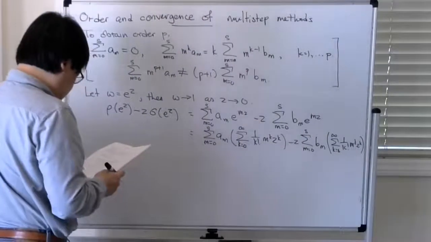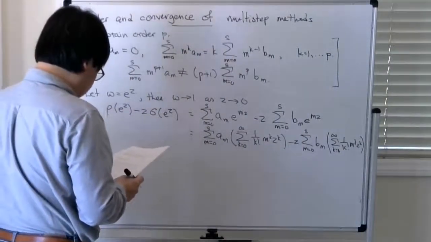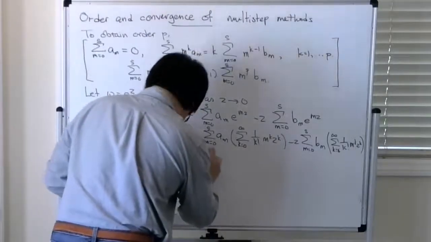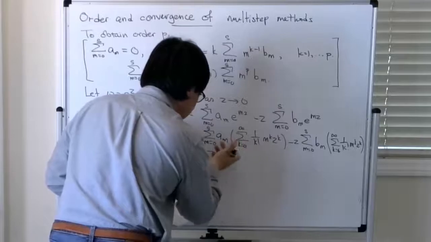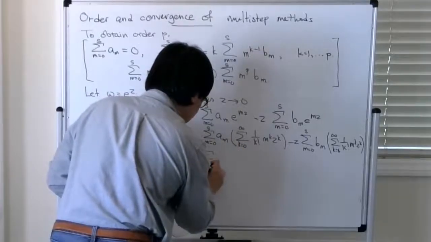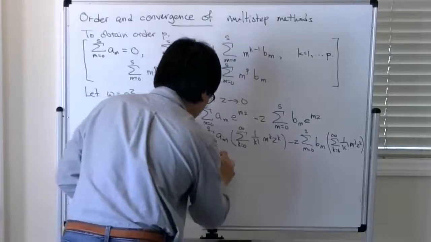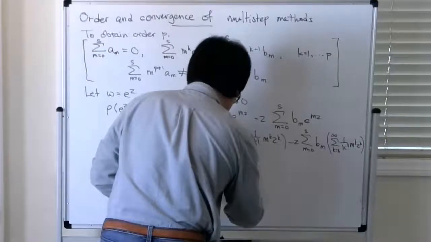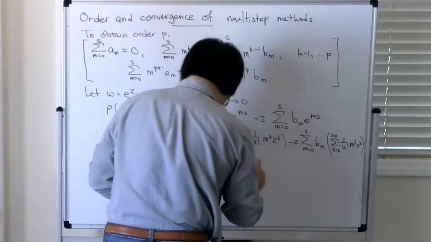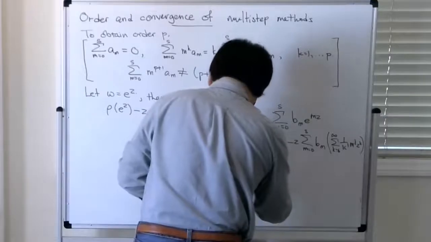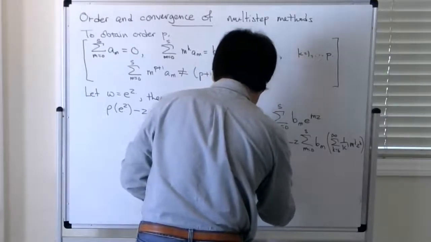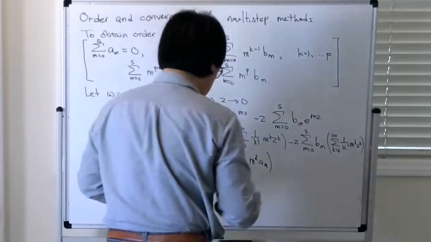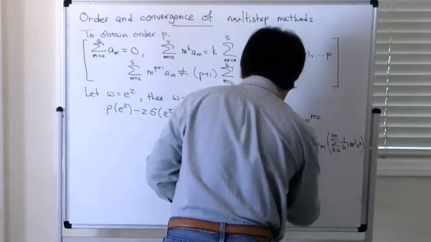All right. So now I can reorder those sums slightly. I'm going to switch the order of the summation. So the sum from k equals 0 to infinity of 1 over k factorial, multiplied into the sum from m equals 0 to s of m^k a_m, and then this is z^k.